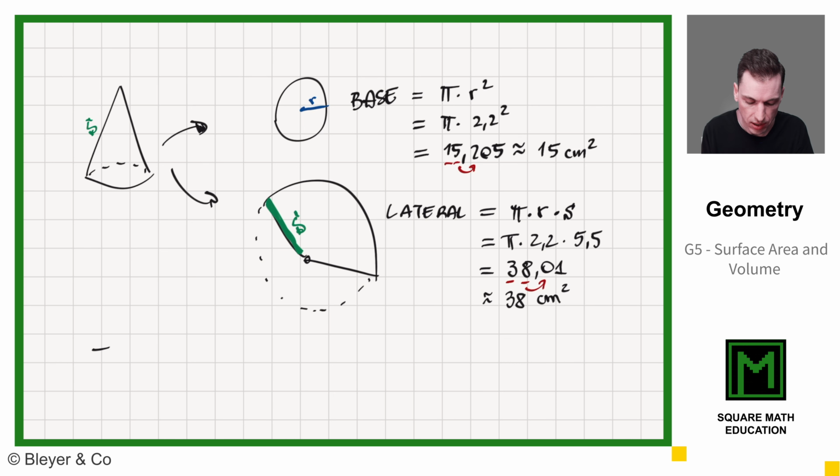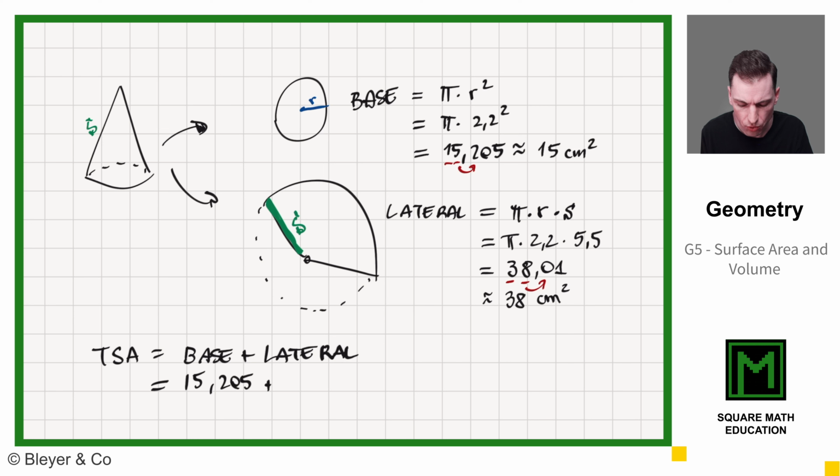Finally, we can calculate the total surface area of this cone as the area of the base plus the area of my lateral. We already have our measurements, so let's plug in 15 square centimeters. You can also use the values before rounding if you want to be a bit more accurate, plus 38.01.